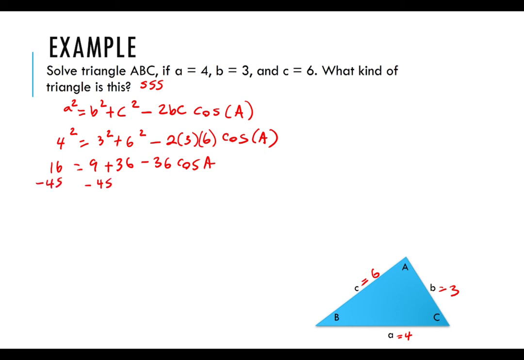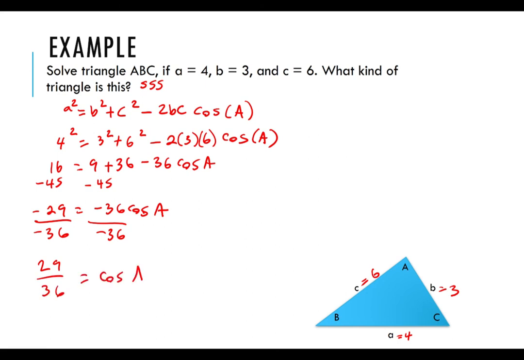I get negative 29 is equal to negative 36 cosine of A. Divide by negative 36. I get that 29/36 is equal to cosine of A.